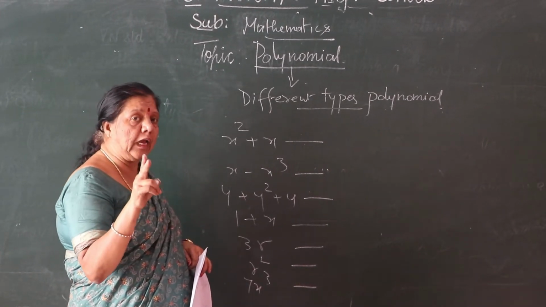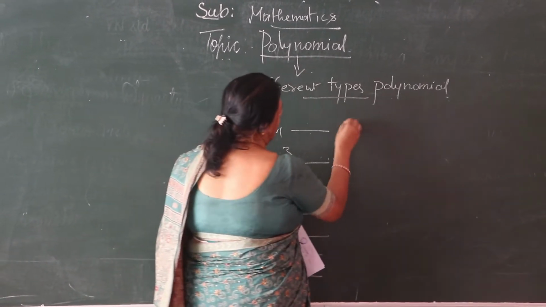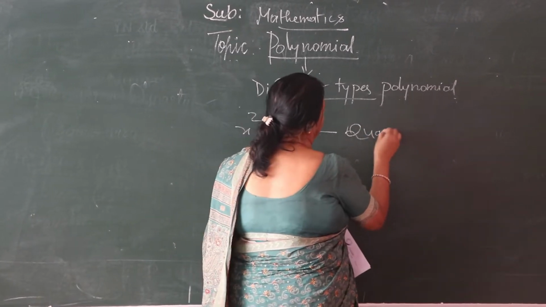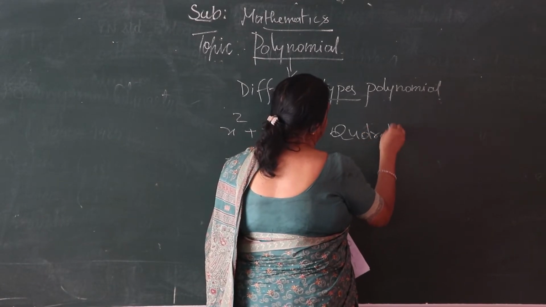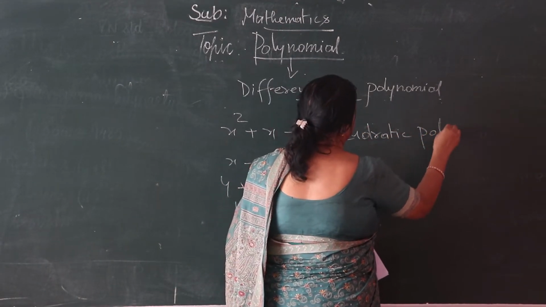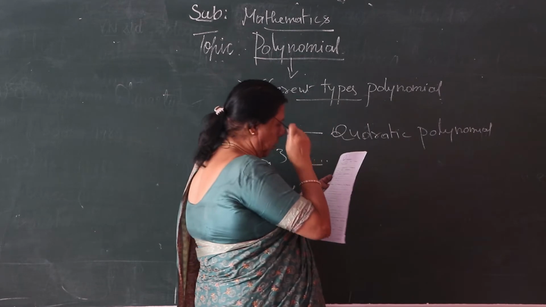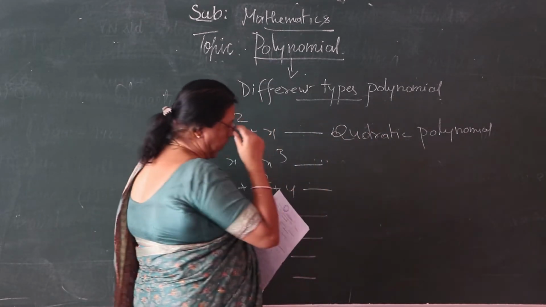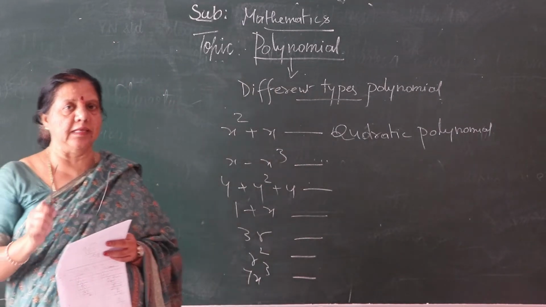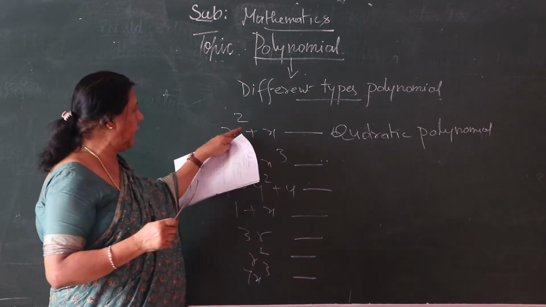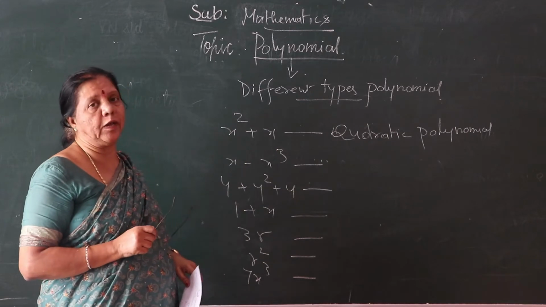When you have a degree of power 2, this is called a quadratic polynomial. Cube is there, cube is the degree of power, the degree is 3. What is the degree of power here? 2. When 2 is there, we call it a quadratic polynomial.